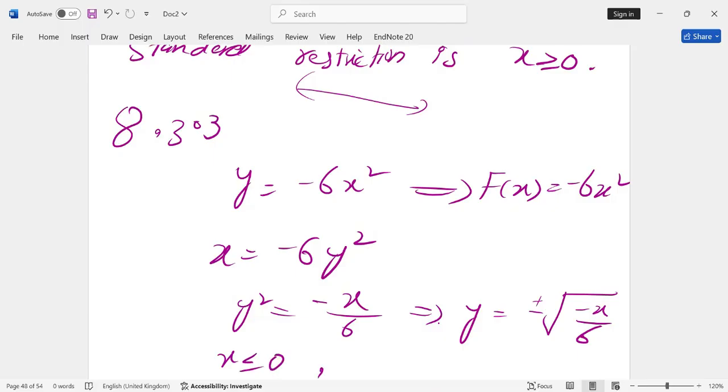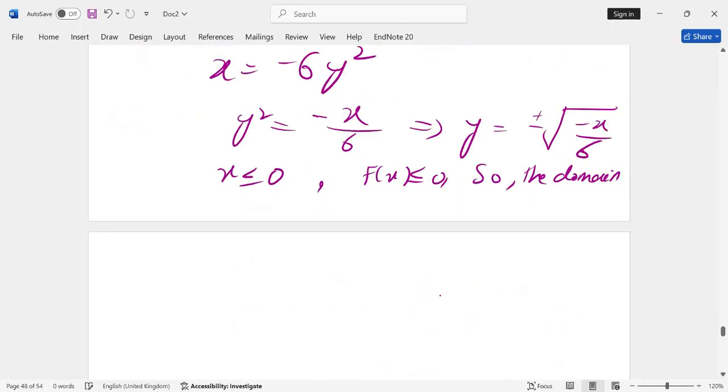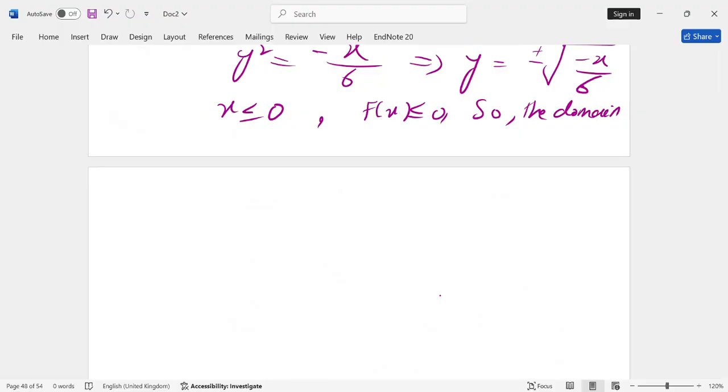So we can say that the function f of x is less than or equal to 0. So the domain of f inverse is x less than or equal to 0. Okay, so this is the required answer for this question.